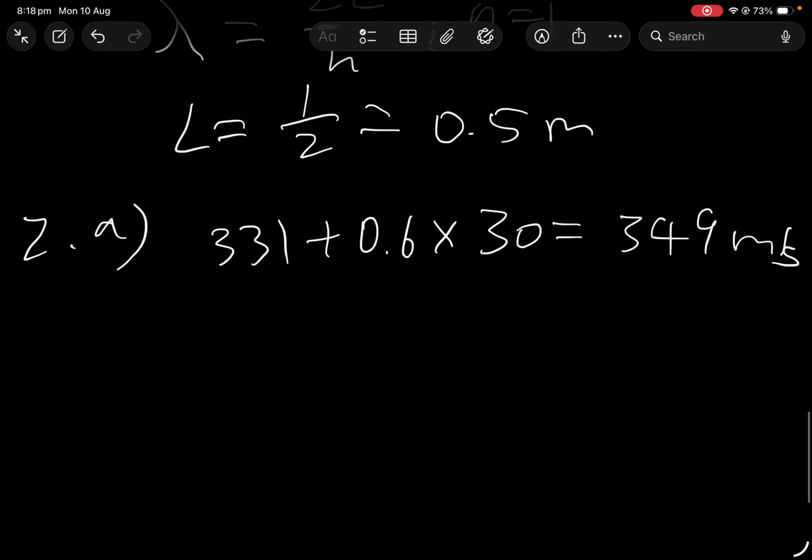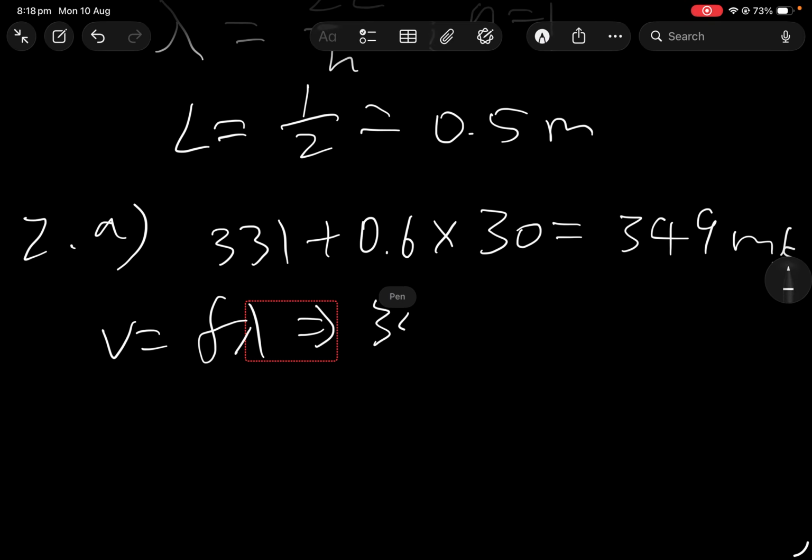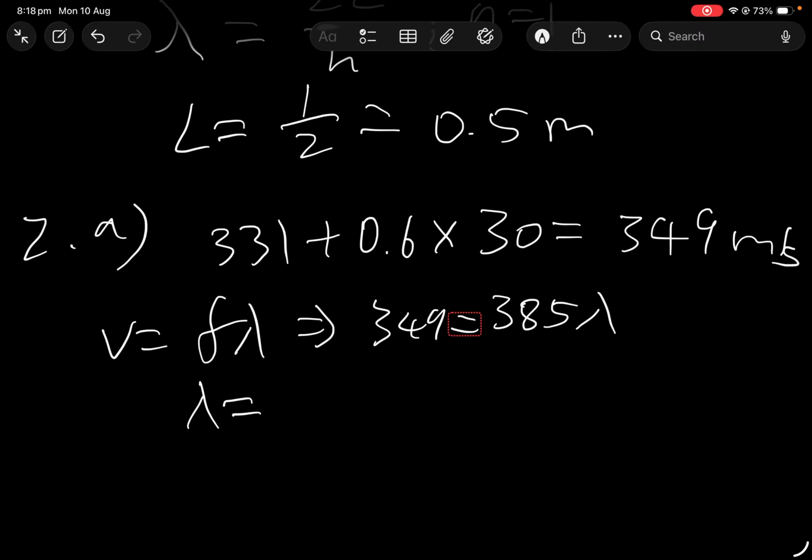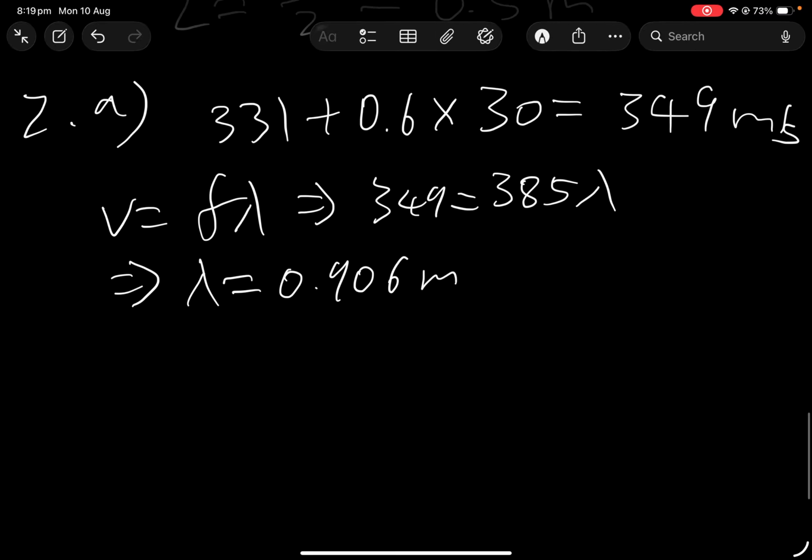Now we want to find the actual wavelength. So V equals F lambda, which means 349 equals 385 lambda, and lambda equals 349 divided by 385, which equals 0.906 meters.